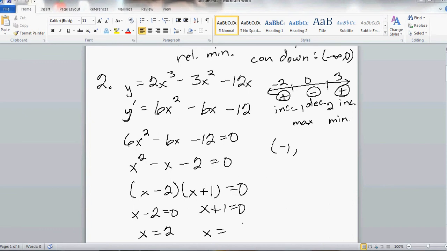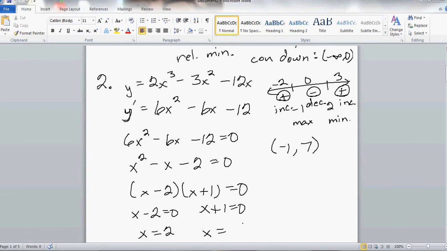Negative 2 minus 3 is negative 5, and I don't... this is entirely wrong, or at least my notes are entirely wrong. So let's see. If I plug negative 1 in here, I get negative 2 minus 3 is negative 5, and negative 5 plus 12 is 7. So that's going to be my maximum.